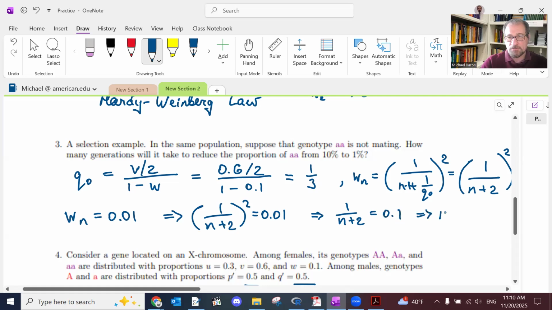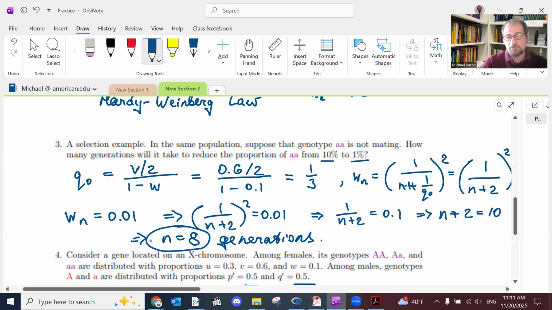That means n plus 2 is 10, right? And that means n is 8. So we need 8 generations to reduce the proportion of unwanted recessive genotypes from 10% to 1%. 8 generations.